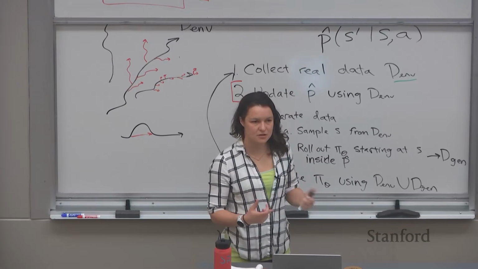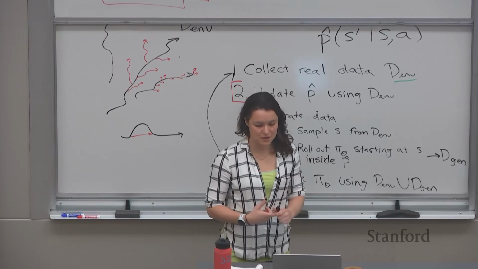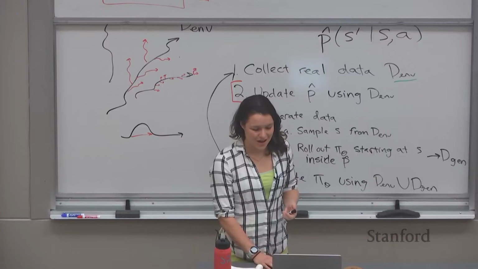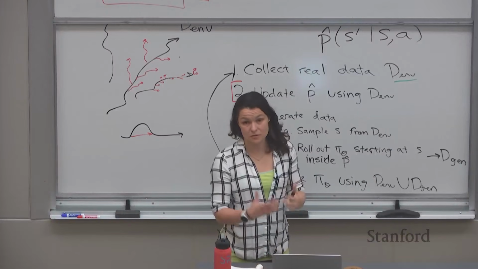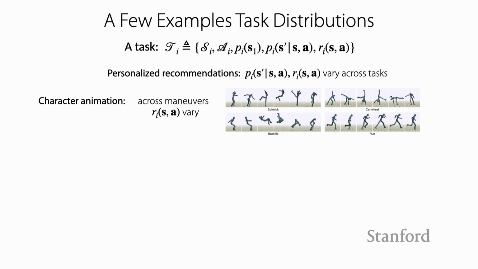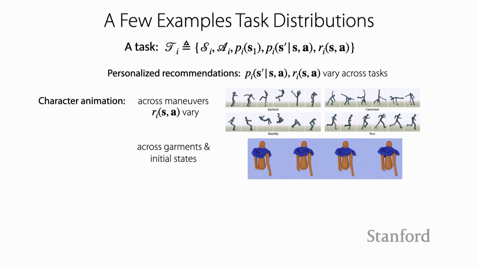Yeah, so in this scenario, the reward will vary because in one case you want it to run, in another case you want it to do a cartwheel, and the dynamics or the physics of the simulator will stay the same. Cool. There have also been works trying to do character animation involving different garments, like a character that can put on a shirt versus a long sleeve shirt versus a dress.